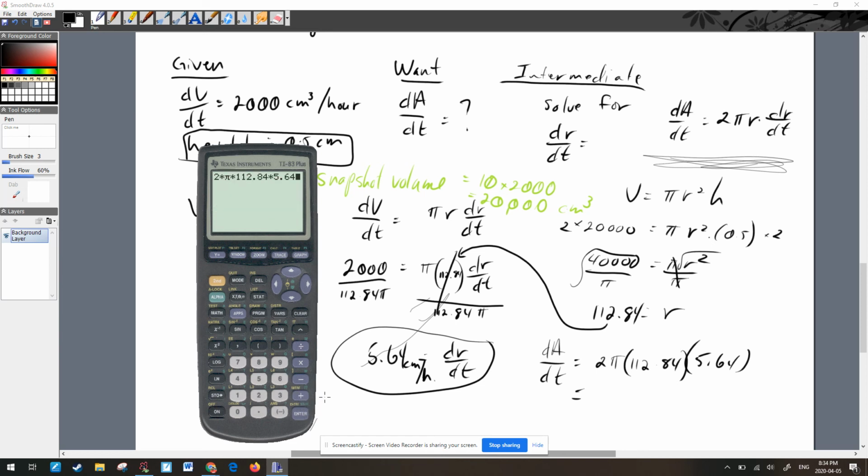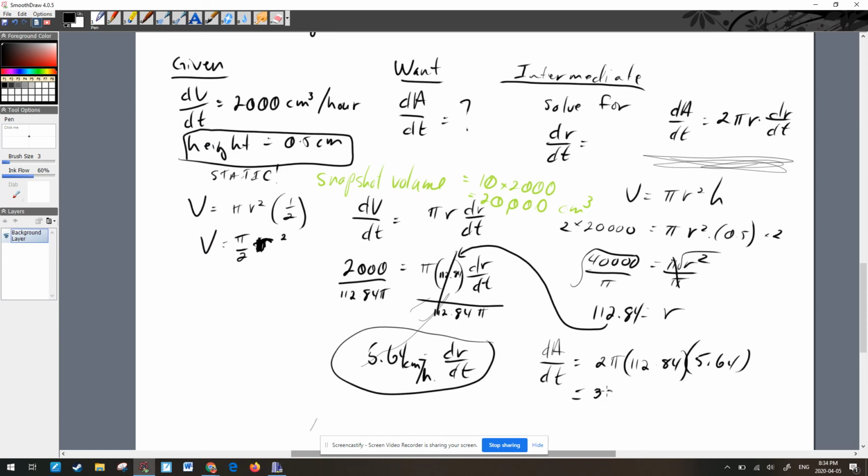What did I miss? I didn't put a bracket anywhere, so I don't need to close a bracket. And there we go. We're going to find out that dA by dt is 3998.73. So that is dA by dt, and that's going to be in centimeters squared per hour.